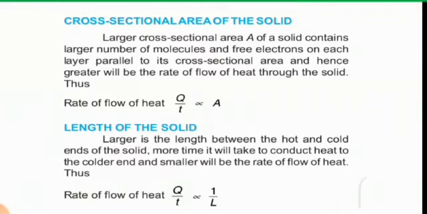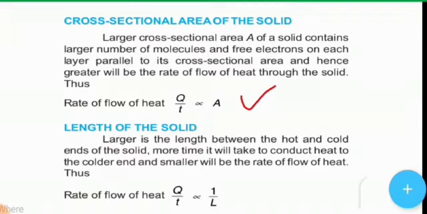Thus we can say that rate of flow of heat is directly proportional to the area of the solid, which means greater the area, greater the rate of flow of heat from one end to another end of that solid, and smaller the area, smaller the rate of flow of heat.